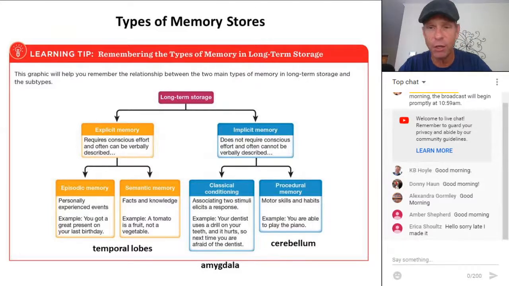Let's differentiate those from the 2 types of implicit memories that your book talks about. The first is classical conditioning, and the second is procedural memory. Now, if you think about it, in Pavlov's study, when the dog began salivating to the sound of the bell, that was a remembered response. Does that make sense?